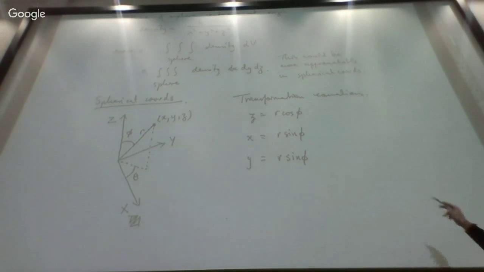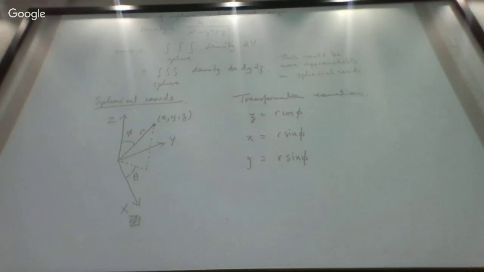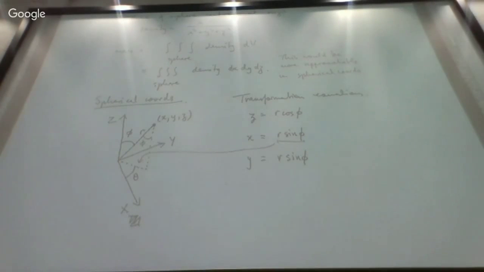I haven't finished x and y yet, so I'm going to add more factors on. That quantity r sine of phi is the length of the projected radius. Because phi is also this angle here, by equivalent angles, r sine of phi is the length of that bottom side of that triangle. So then x will be r sine of phi cosine of theta, and y will be r sine of phi sine theta.